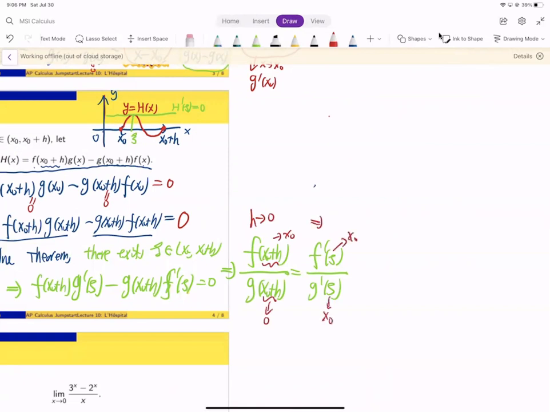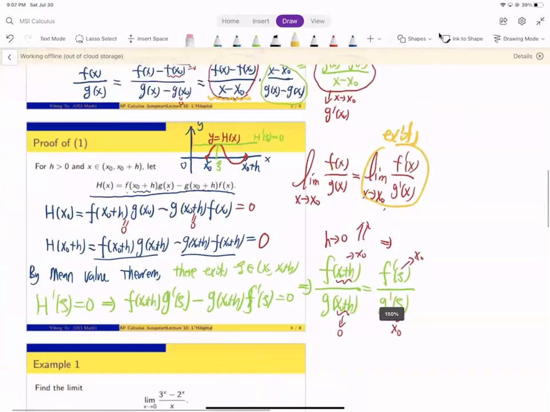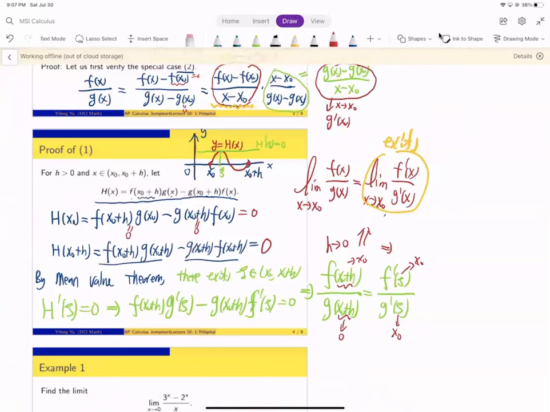So as x goes to x0, f(x) over g(x) has the same limit as f prime x over g prime x, given that the right-hand side limit exists. So this is how we prove L'Hopital's rule using the mean value theorem.